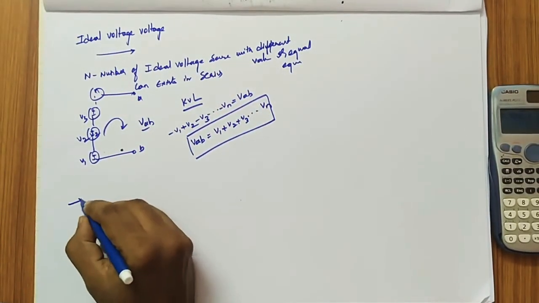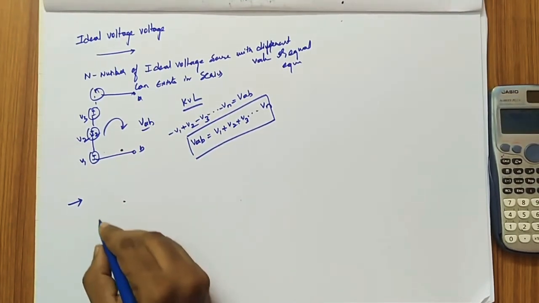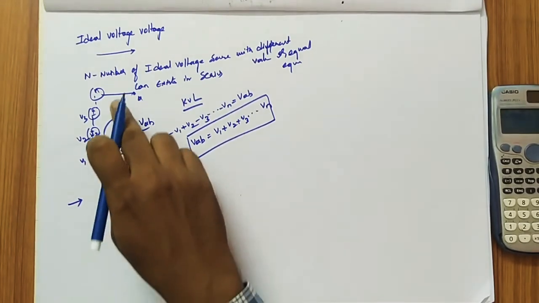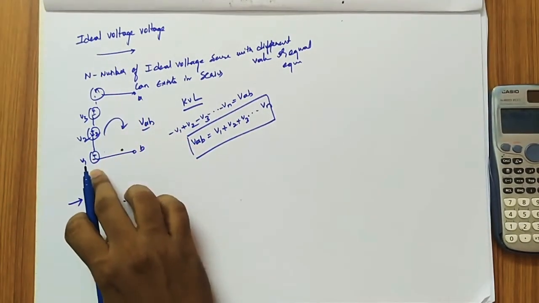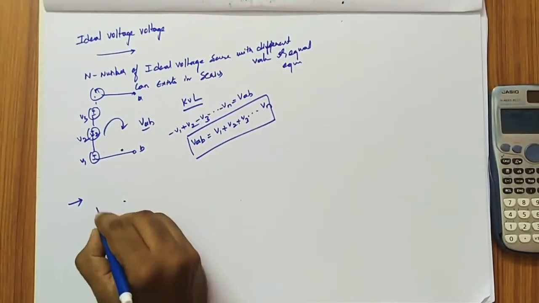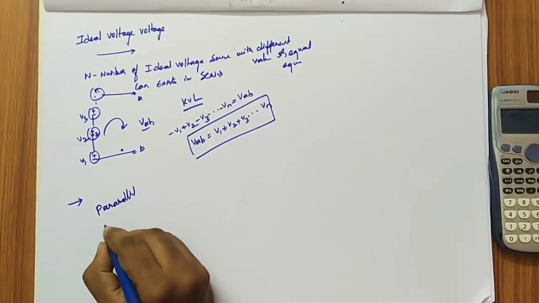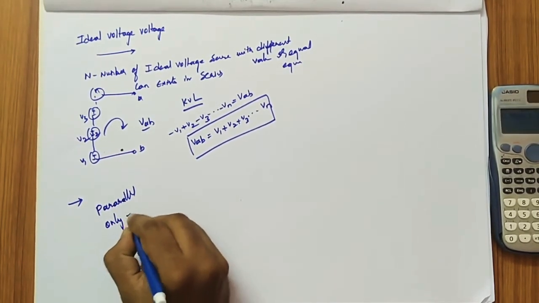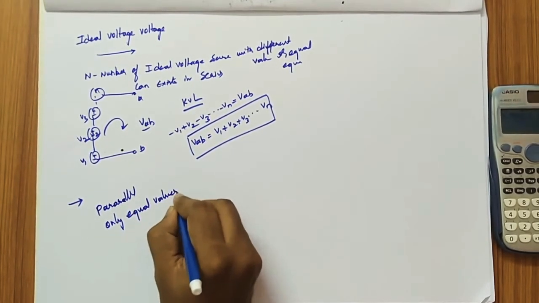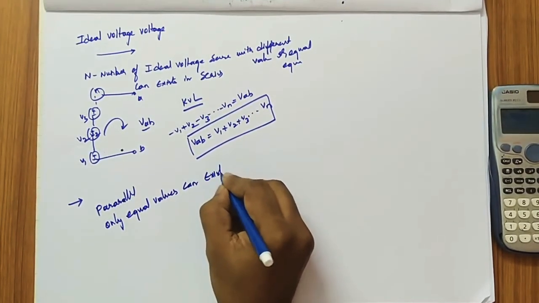Now if you take different values in parallel, in series combination ideal voltage sources may be different or equal, they can exist in series. But in the parallel case, only equal values can exist.